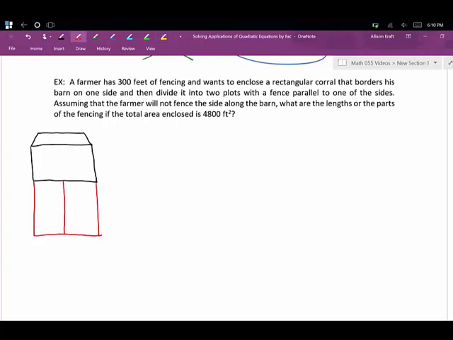I don't know what the width of this corral is, but I do know that these three are going to be the same length. I'm going to label that unknown length X.